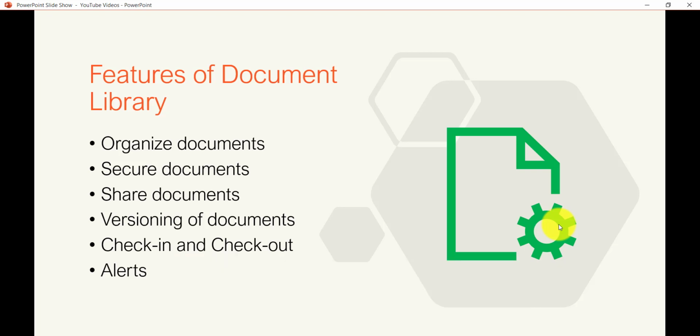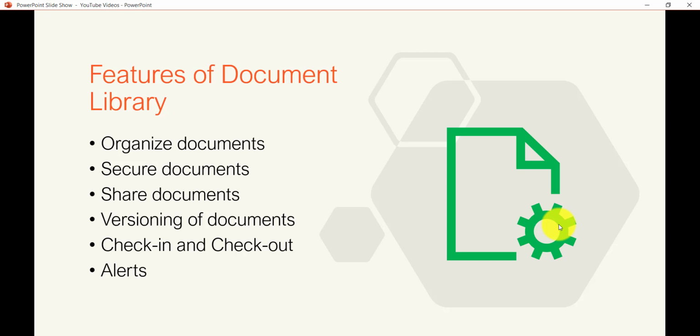What does securely store mean? It means the documents will not always be public. It is the permission that you give. If any user has permission, they can see the documents. If the user doesn't have permission to access a particular file, then they will not be able to see those documents. So that means your files or documents are secure in the document library.